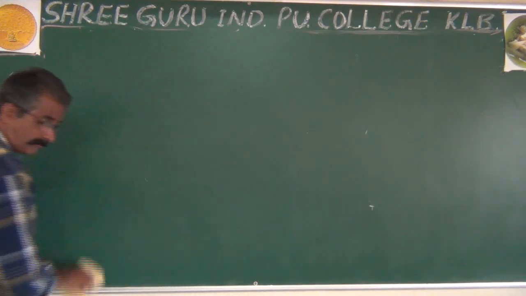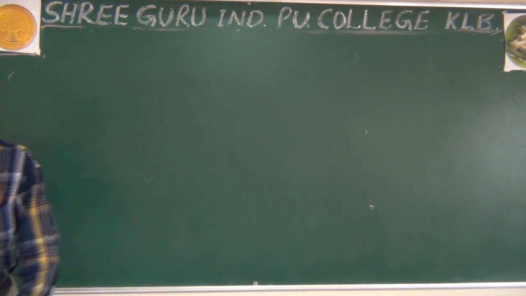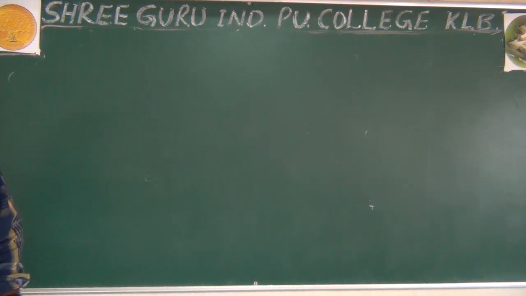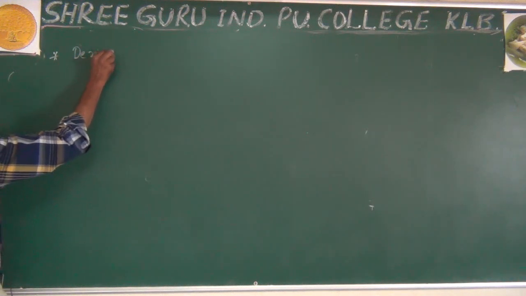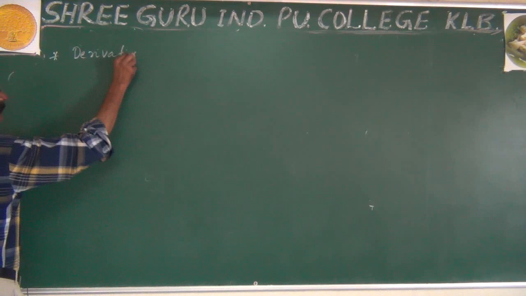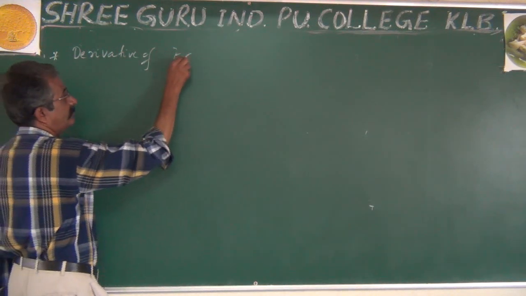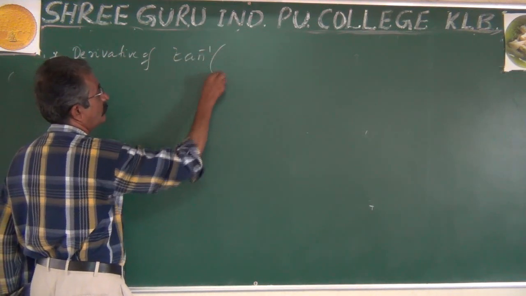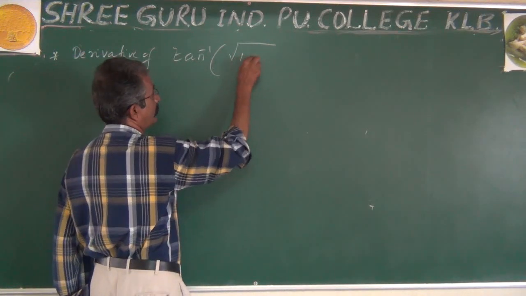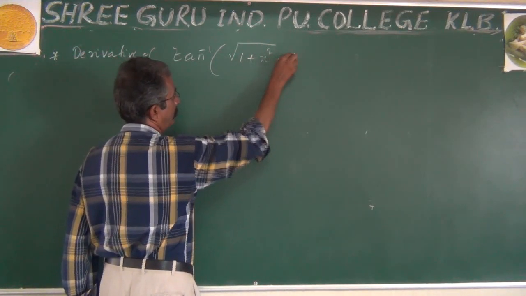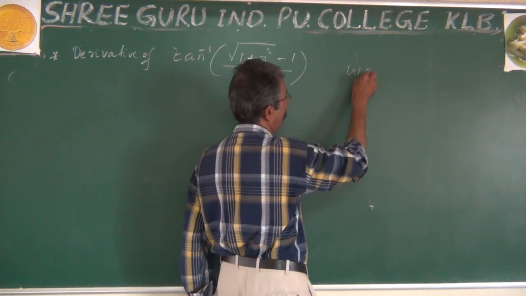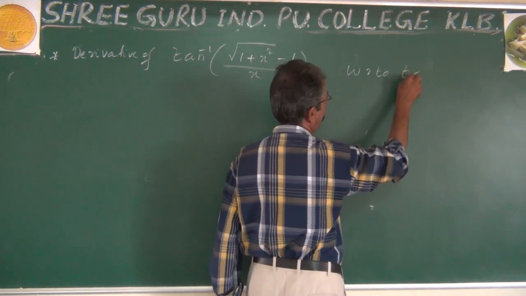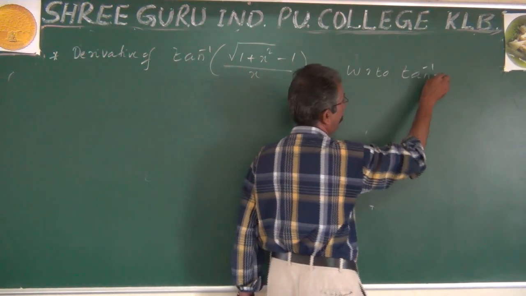Next problem. Derivative of tan inverse of root 1 plus x square minus 1 divided by x with respect to tan inverse x.